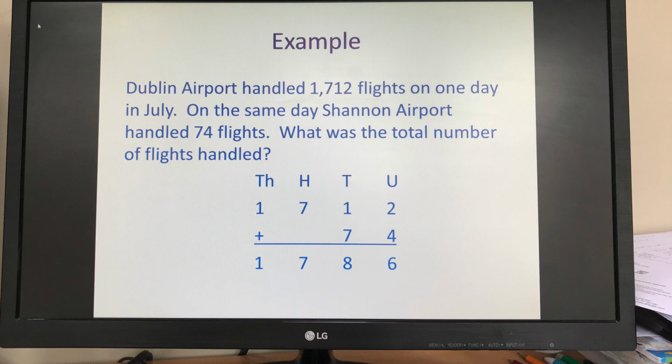You move along again. 7 plus nothing, so 7 and 0 is 7, write down your 7. And then we have in the thousands 1 plus nothing as well, so we just write down our 1. So that is finding the total of 2 whole numbers. There you go. Let's look at another example.